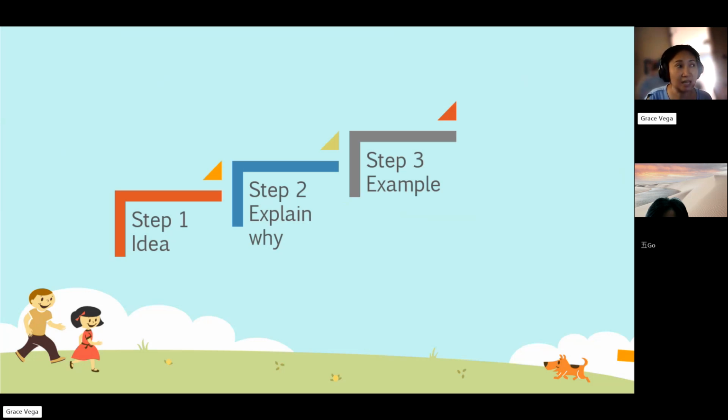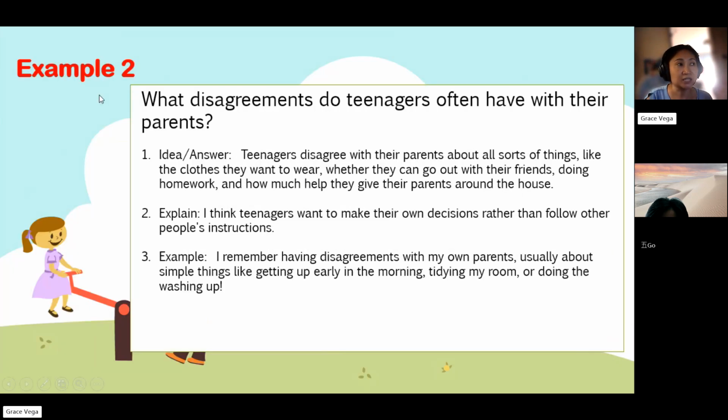So let's have this one. Example number two. I will just give you an example of what we will do today. For example, what disagreements do teenagers often have with their parents? So what are the things that you argue about with your parents?